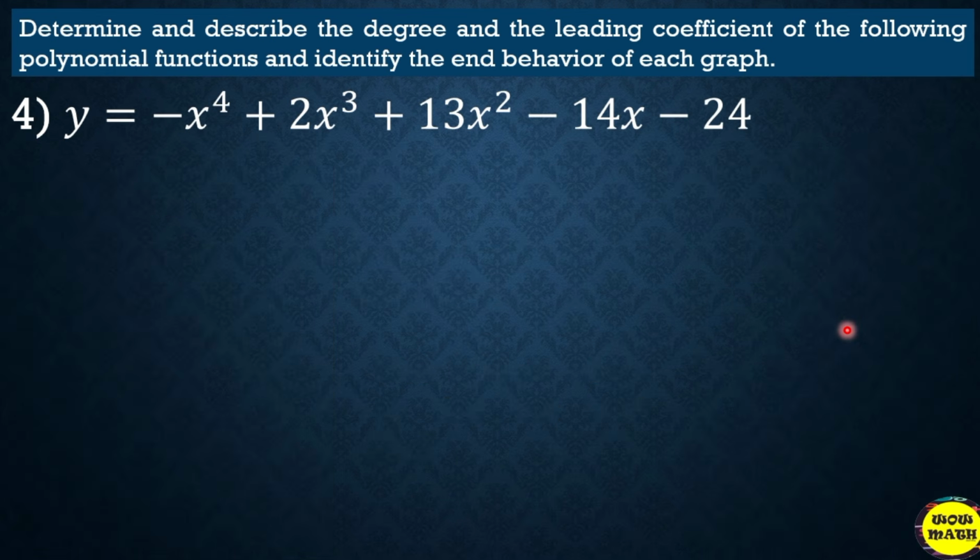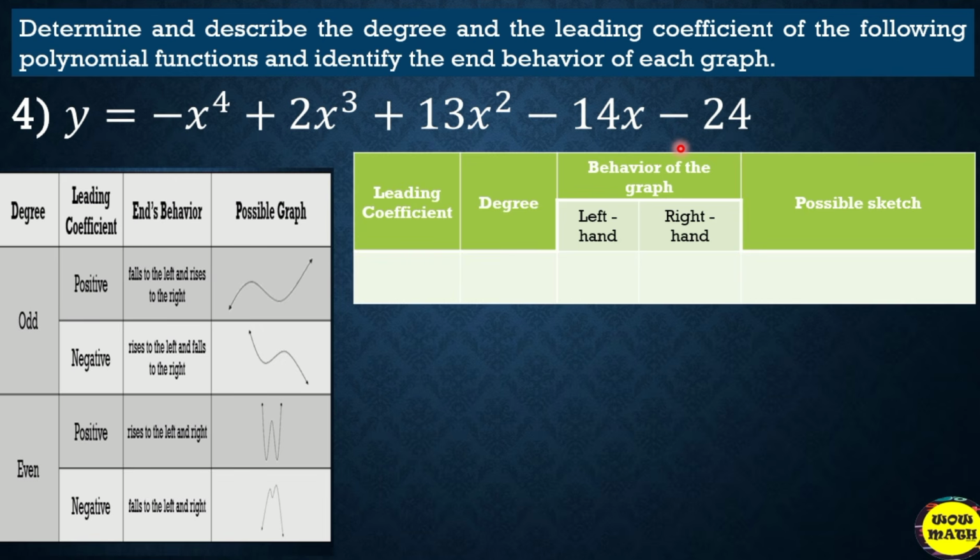Okay? Next, y is equal to negative x to the fourth power plus 2x cubed plus 13x squared minus 14x minus 24. Okay, so ano yung leading coefficient natin? Of course, negative. And then the degree of polynomial natin is 4 and that is even number. So tingin tayo kay negative tapos even number.